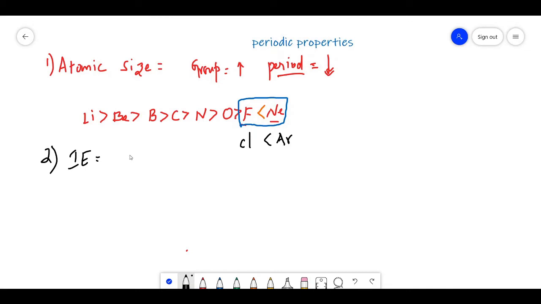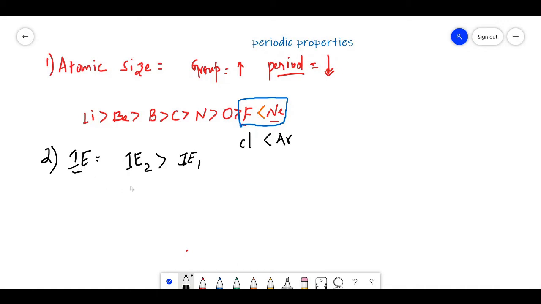Always remember, ionization energy 2 will be more than ionization energy 1. Why is this happening? When you remove one electron, the nuclear attraction on the remaining electrons increases. So to remove the second electron, we require more energy. So this is about ionization energy.